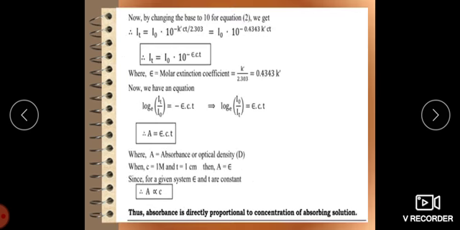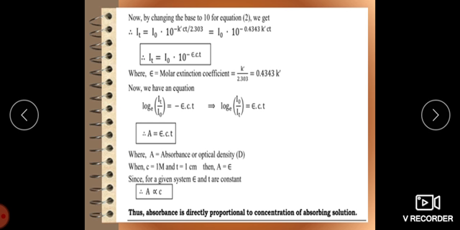Now, by changing the base from e to 10 for equation 2, It is equal to I0 into 10 raised to minus k dash ct divided by 2.303. We can put the value of k dash upon 2.303 as 0.4343 k dash, which is epsilon, so It is equal to I0 into 10 raised to minus epsilon ct.